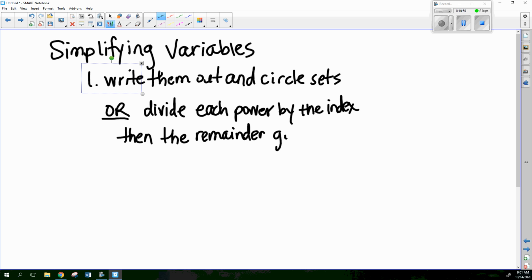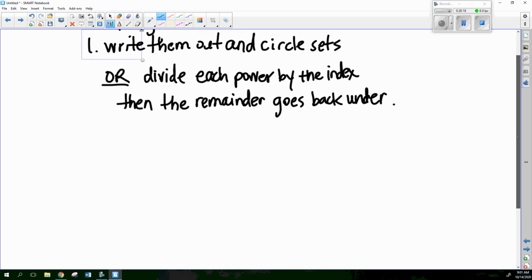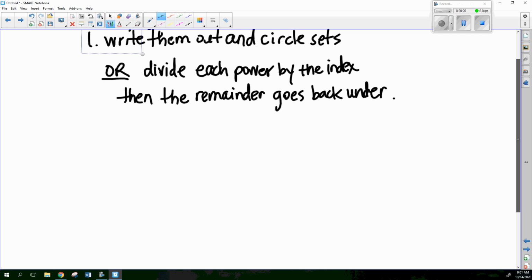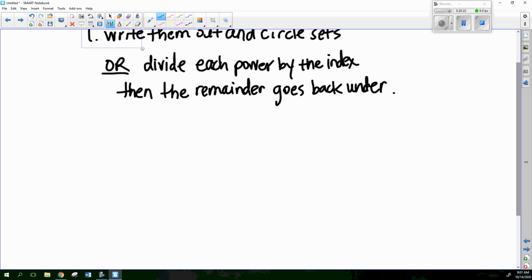Goes back under. It'll make sense in a minute. Okay? So you could write them out and circle sets, or we can divide by the index, figure out the remainder, and work it that way. All right, so that's like my only note on this one. We're going to go right into an example.